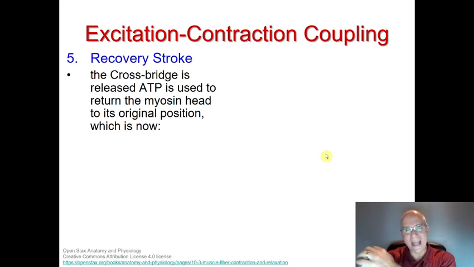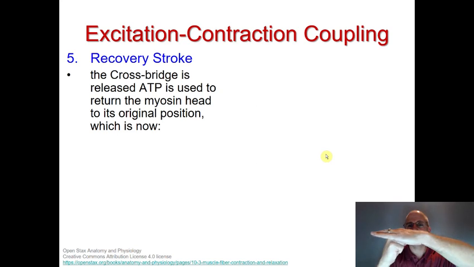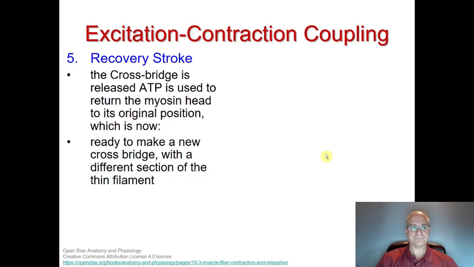So we're storing energy in that myosin head so that if there's another binding site available, you can have cross bridge, power stroke, and then another recovery stroke. Okay, so the recovery stroke is where ATP is going to plug into the mechanism here and allow for other power strokes to occur in the future.